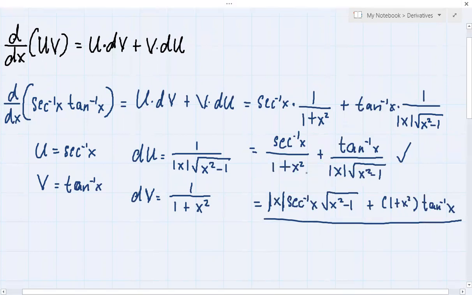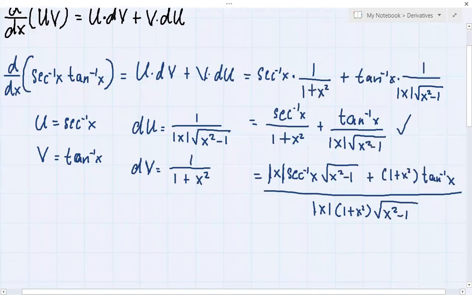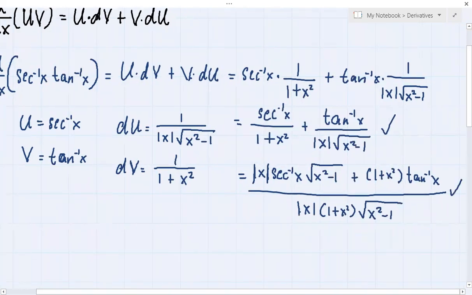So if you're going to multiply the denominators of the two, we will have absolute value of x times quantity 1 plus x squared times the square root of x squared minus 1. O, diba? So, for me, I'm gonna stop right here. Medyo mahaba to actually. Alright?